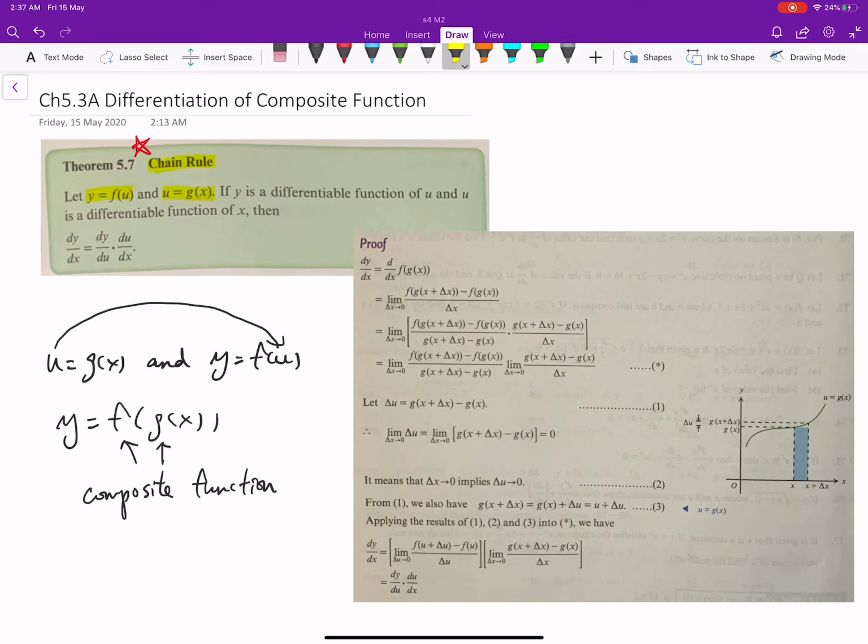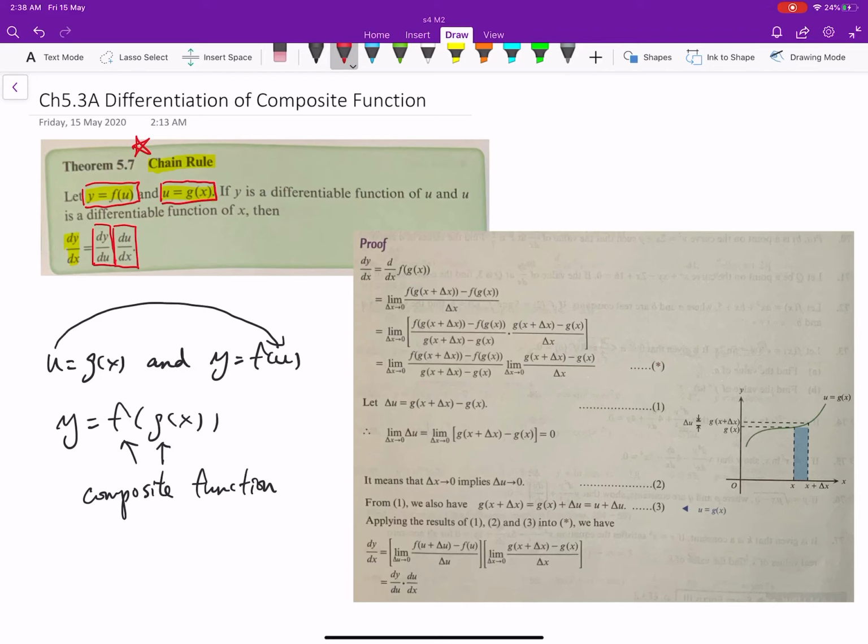And now we are going to find dy/dx. For the right hand side, it is dy/du times du/dx. For dy/du, you can find it in this way because y is a function of u, right? And for du/dx, you can find it in this way.